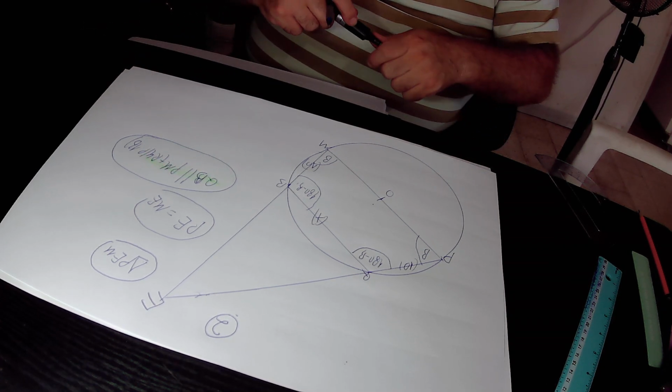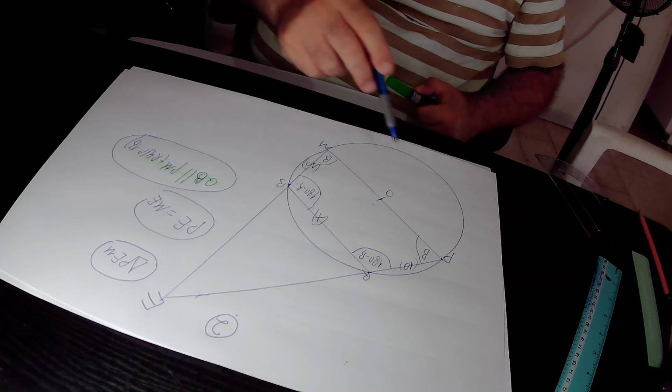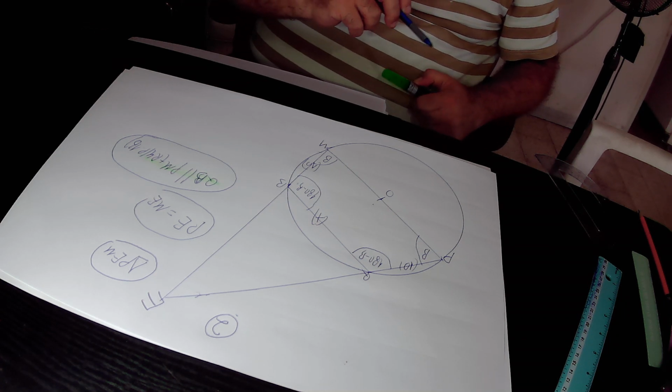In the next step, I copy this semicircle with the diameter PM, and we will continue to analyze this semicircle.